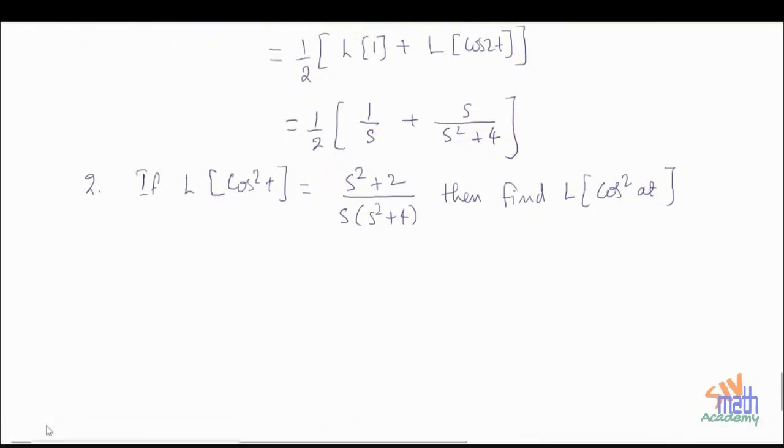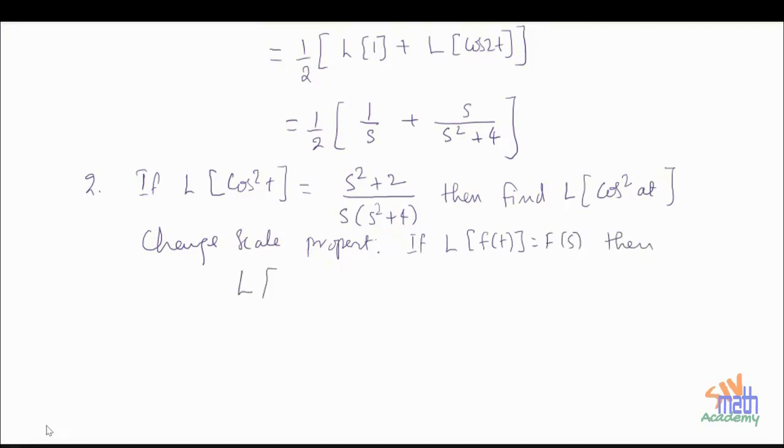So here we'll apply the change of scale property. What it says, just recall, if L of f of t is equal to f of s, then L of f of at will be 1 by a f of s by a, correct? So this is f of t. If you would have considered cos square t, then this is f of at only.